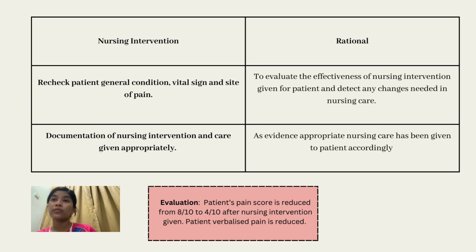So the last one, we document the nursing intervention and the care given appropriately, as evidence that appropriate nursing care has been given to the patient. So for this diagnosis, the evaluation is the patient's pain score is reduced from 8 to 4 after the nursing intervention given. Patient also verbalized pain is reduced.